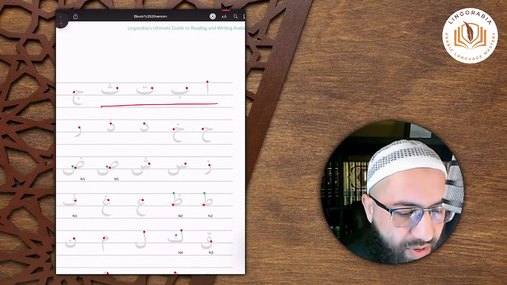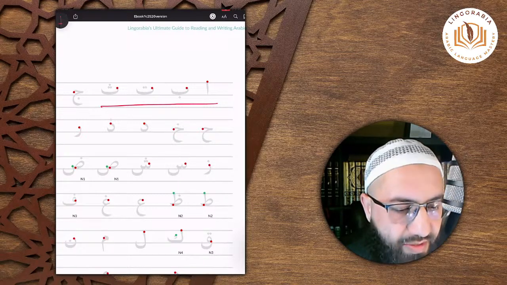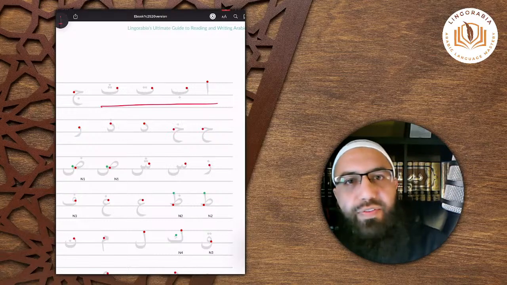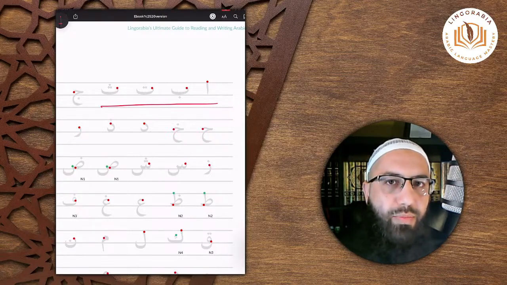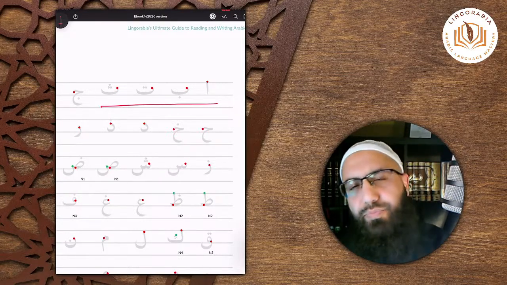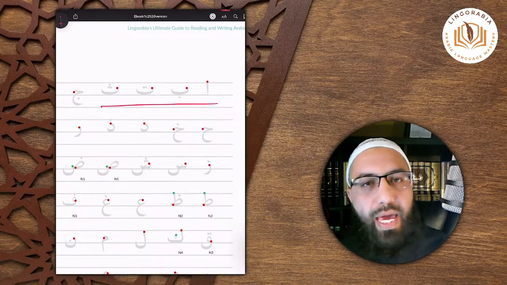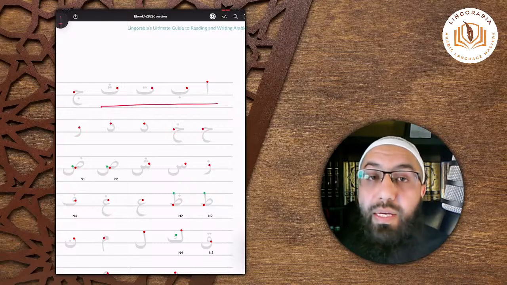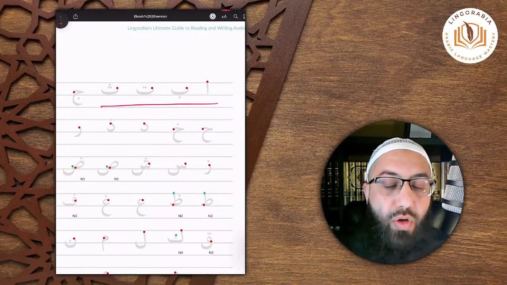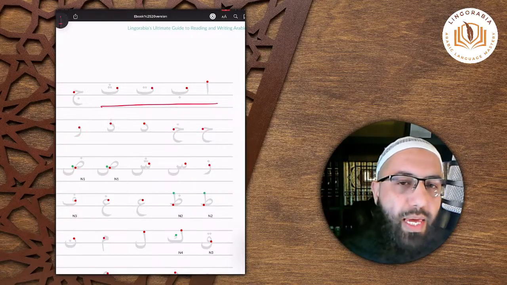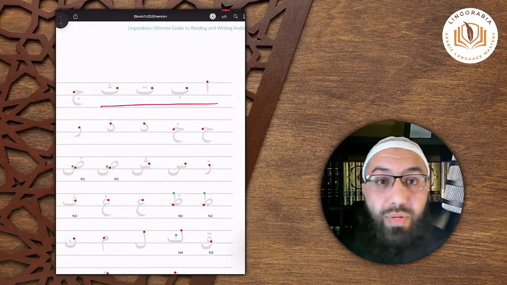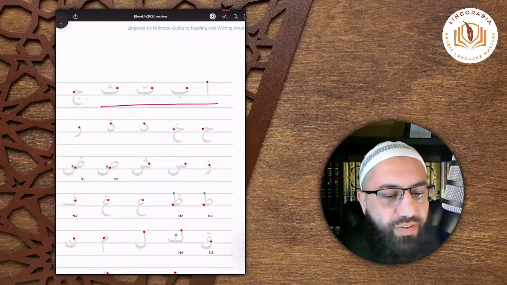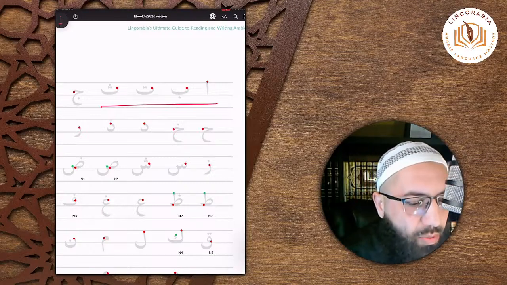Okay, you read from right to left. Good guys, good. That's known, alhamdulillah, by you guys. It's not from left to right, it's from right to left. But there is something else as well. Some of you have mentioned it: it's also from up to down. So it's from right to left and also from up to down. And there was one other fundamental that I mentioned as well.